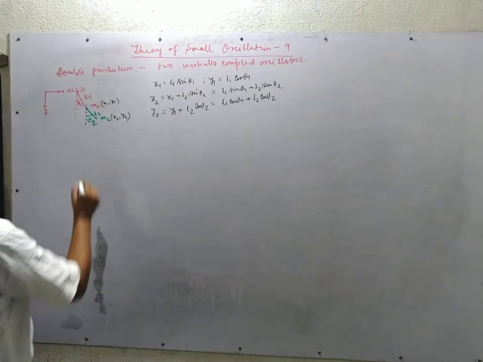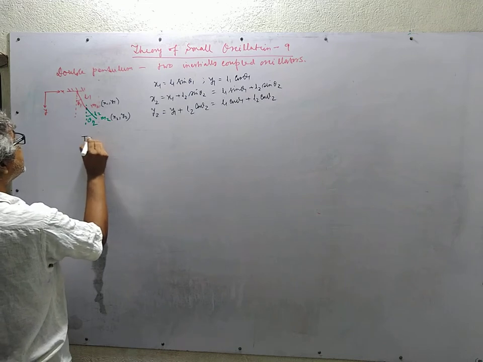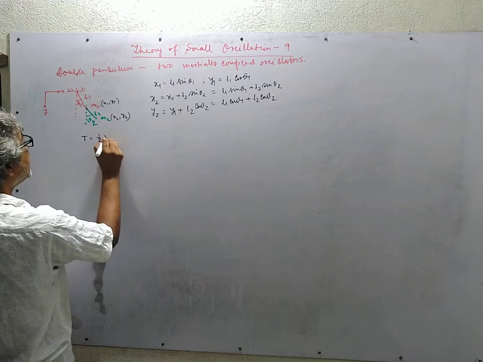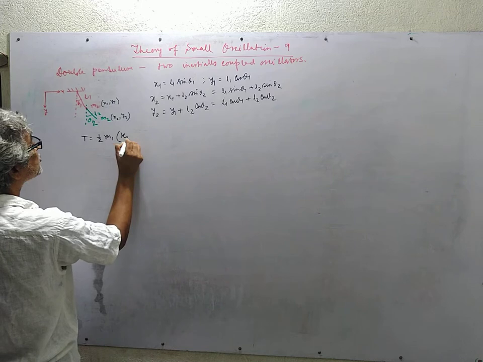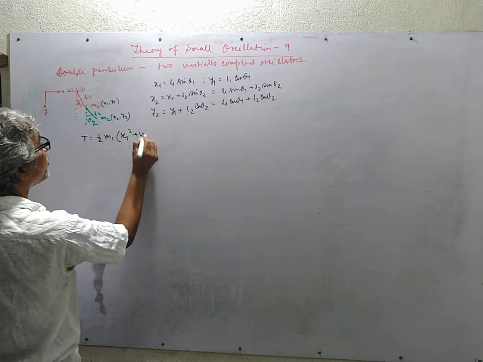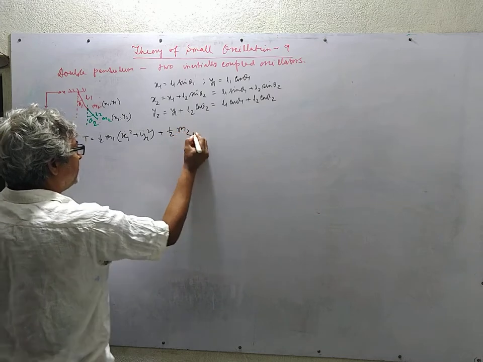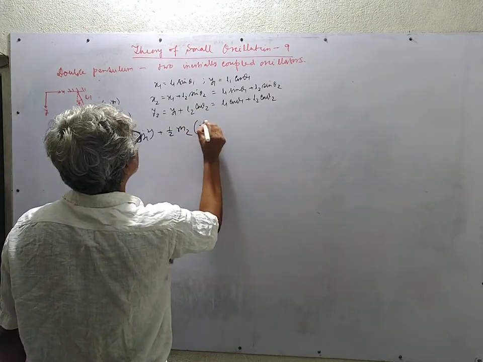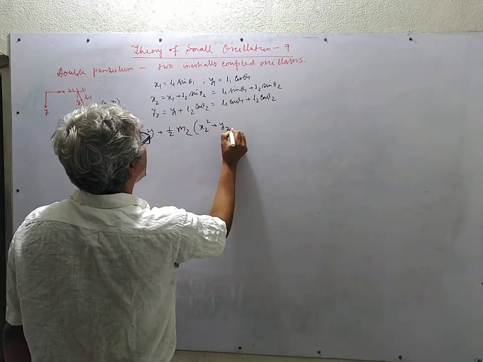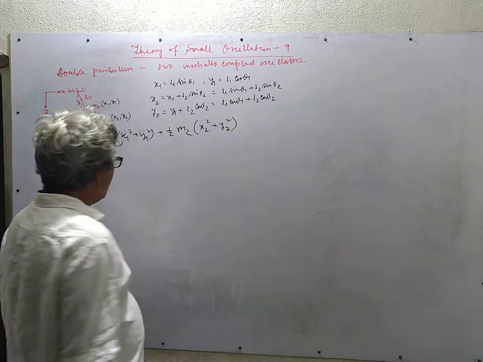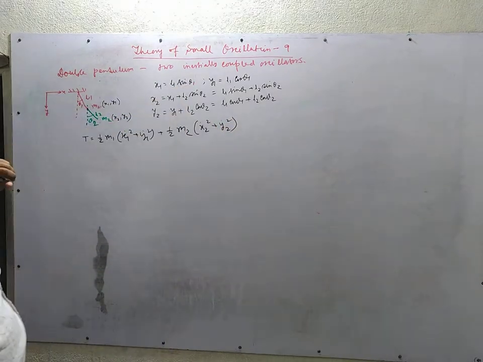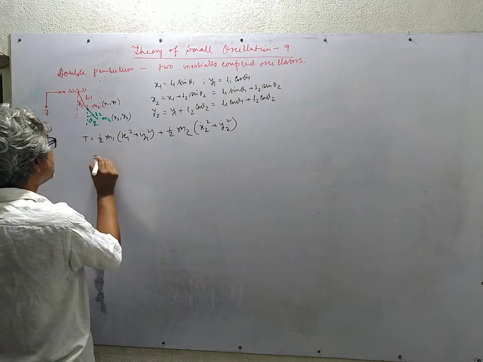Now coming to the kinetic energy. Kinetic energy is half m1 (x1 dot square plus y1 dot square) plus half m2 (x2 dot square plus y2 dot square).